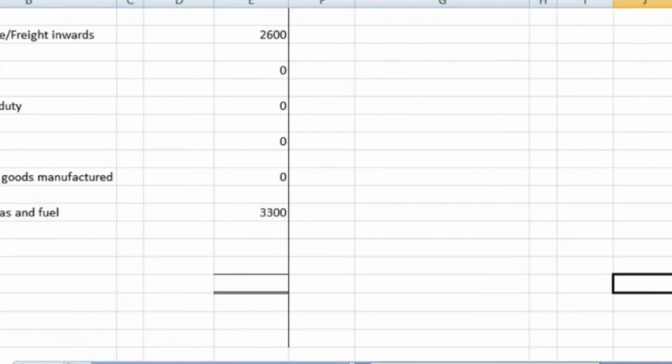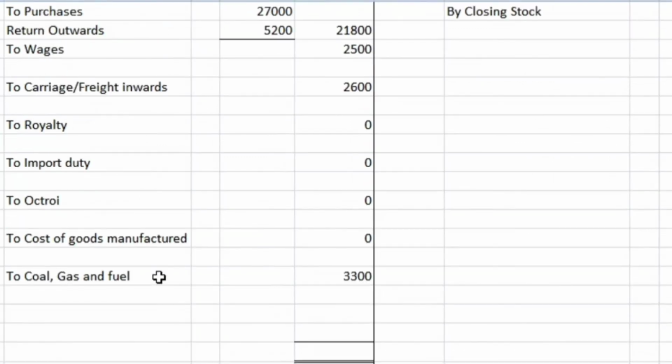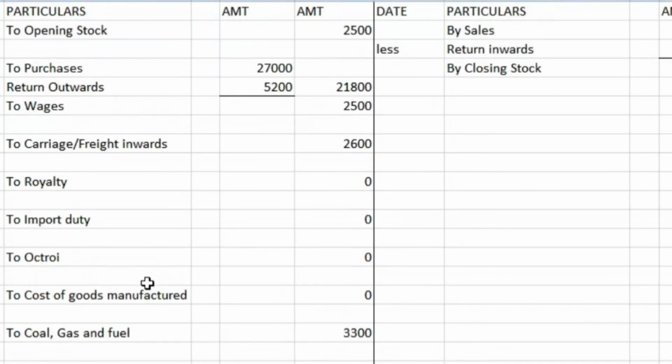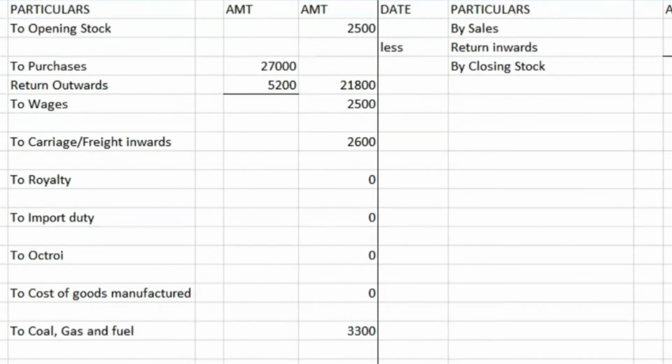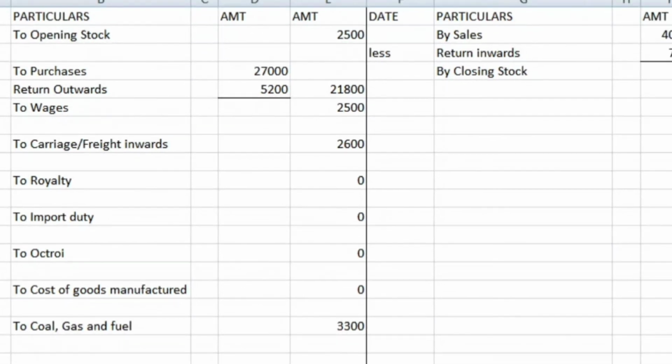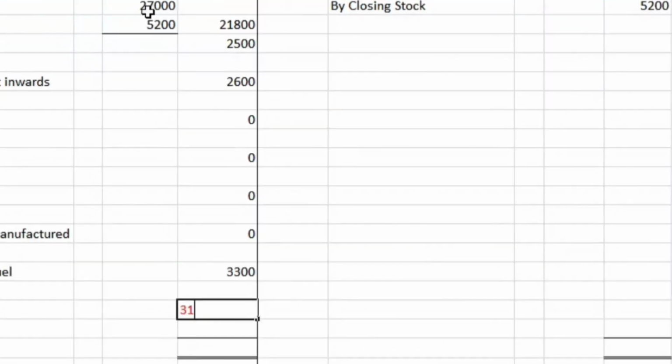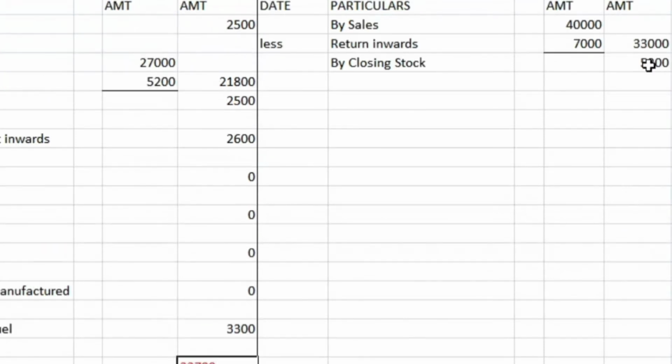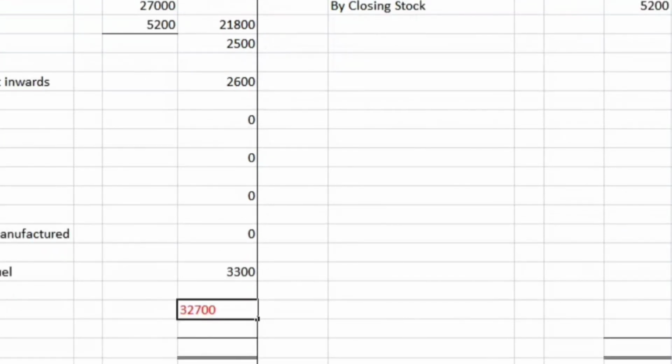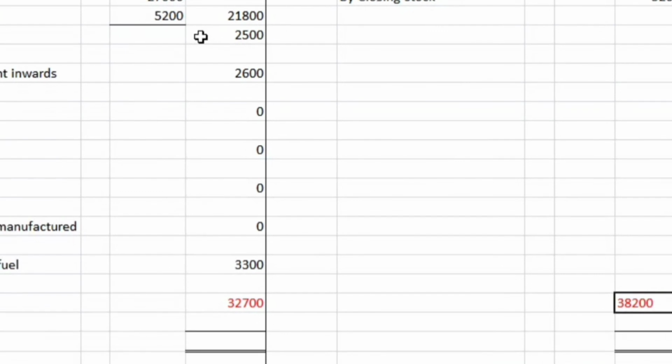Now leave 2 or 3 lines and draw the grand total, and you're going to balance it. So get the totals of the debit side and credit side separately. Credit side 38,200. Debit side I get 32,700. Now compare which is the greatest.